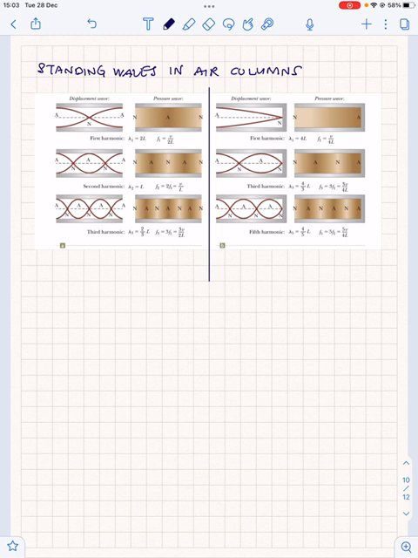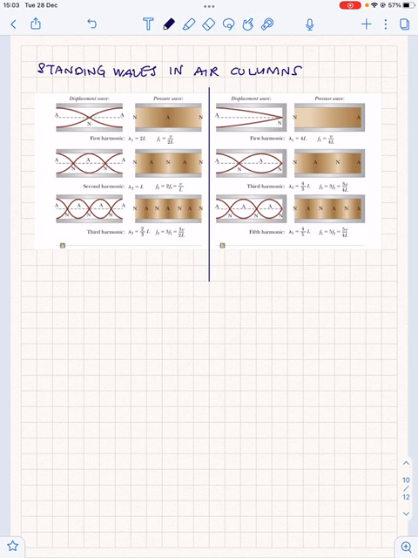Right now, let us focus on the displacement wave. From here, we can define the equations to find harmonics, to find the frequency of one segment, two segments, three segments, and as many segments as we need.